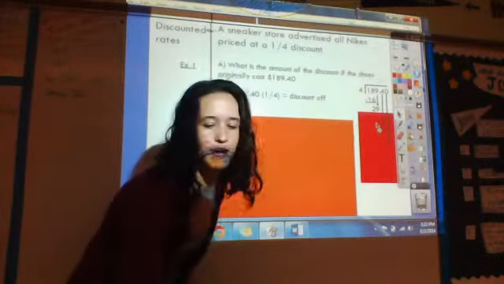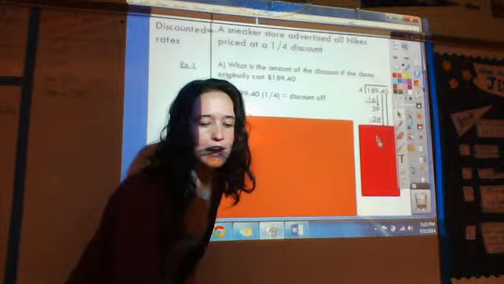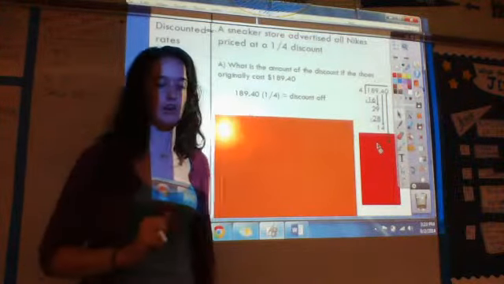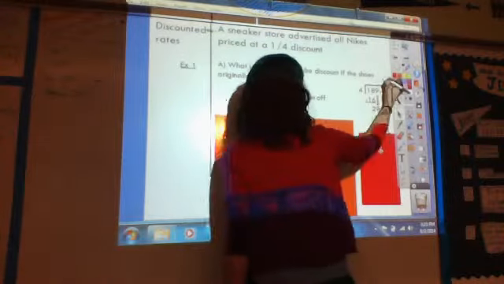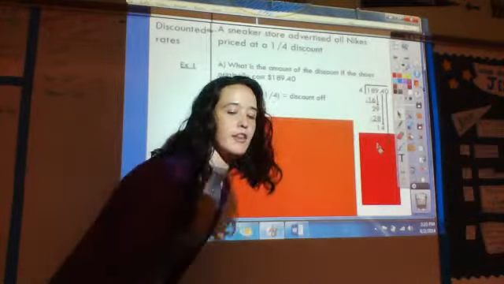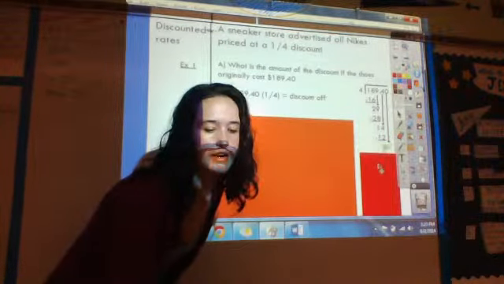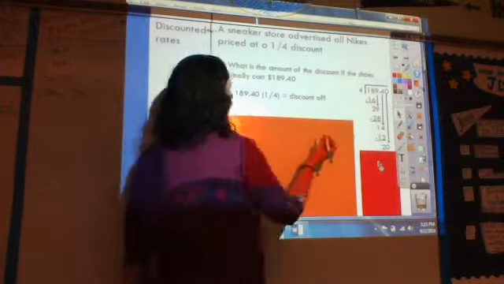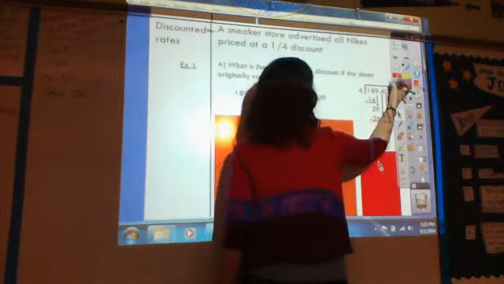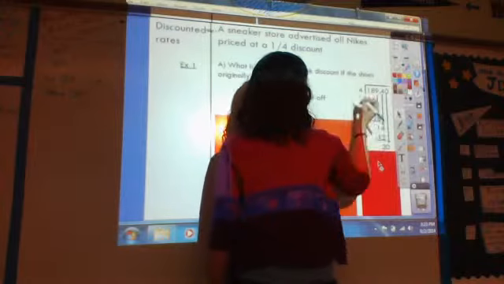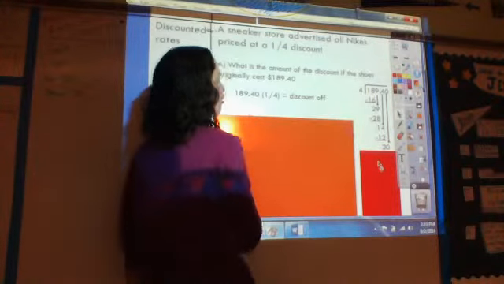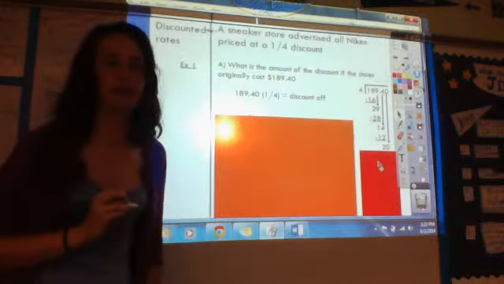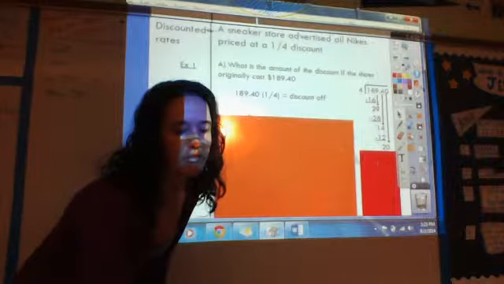So once I bring that down, or 28, so I can have 1 left over, my 4 is also going to fall down. 4 goes into 14 3 times. And 3 times 4 is 12. I'm going to get 2 left over, 0 falls down. 4 goes into 20 5 times. So this number is my discount off. $47.35 is my discount off.